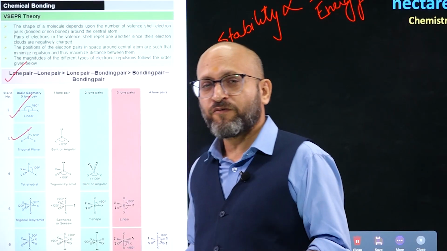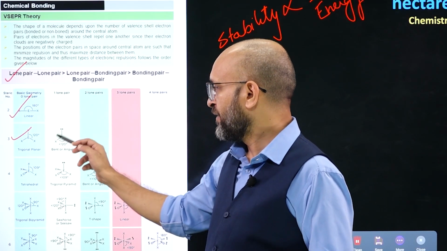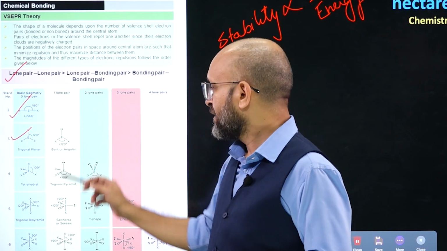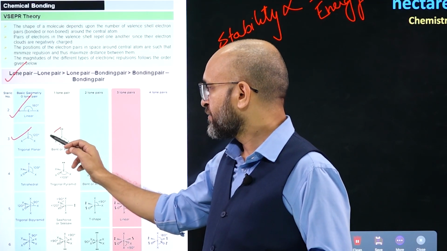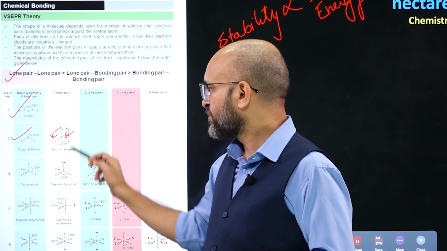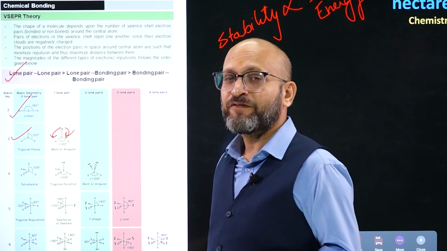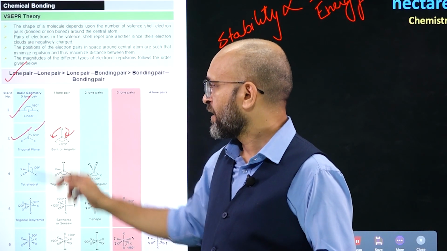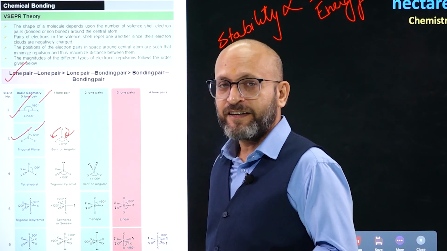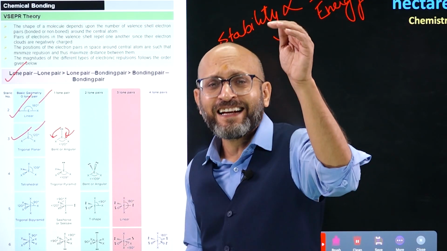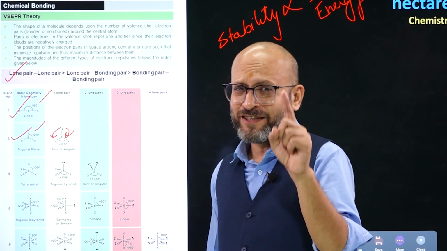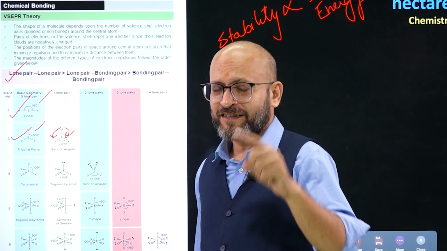If in place of one atom there is a lone pair, they will be arranged like this, and because the lone pair will repel this bond and this bond, the bond angle will be less than 120. In this, the bond angle was 120, in linear shape 180 degrees. When a lone pair comes, the bond angle decreases. Remember, this is a trick.